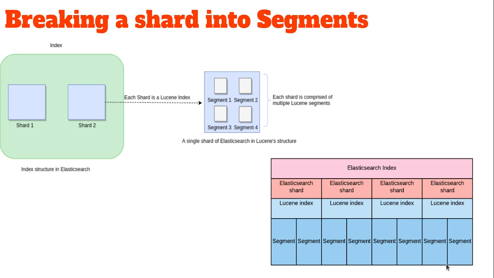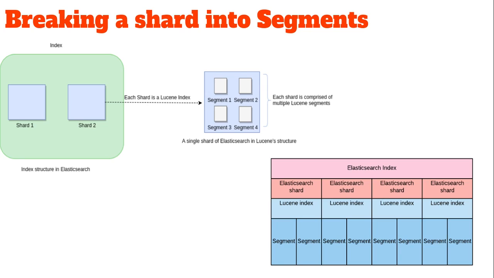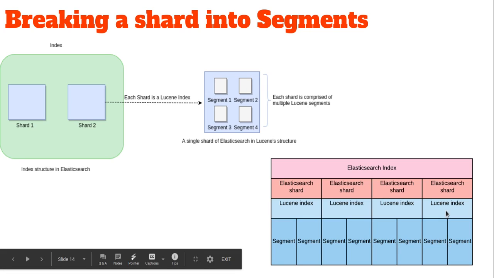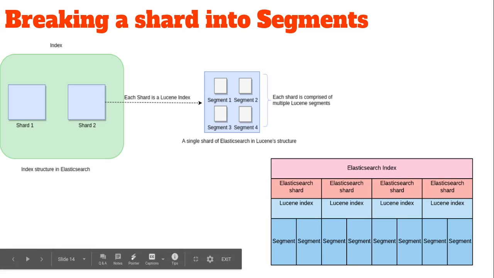Each segment in itself is an inverted index and has searching as well as indexing capabilities. Above the segments are Lucene indices, and the Elastic shard is nothing but an abstraction built over the layer of a Lucene index. And the abstraction built over many such Elastic shards comprises an Elasticsearch index.